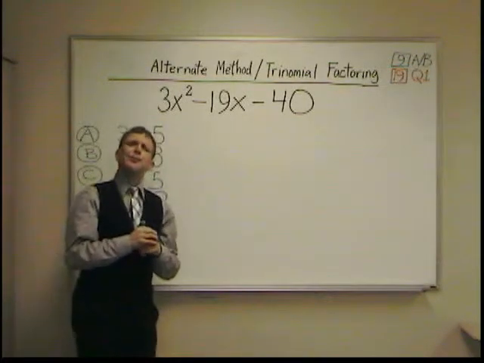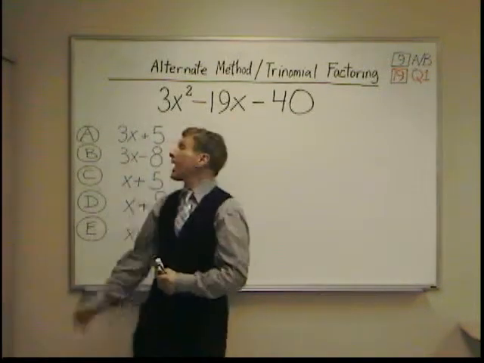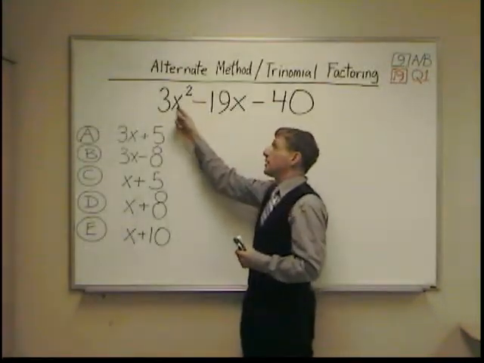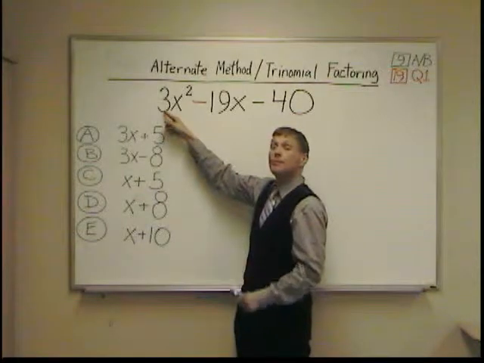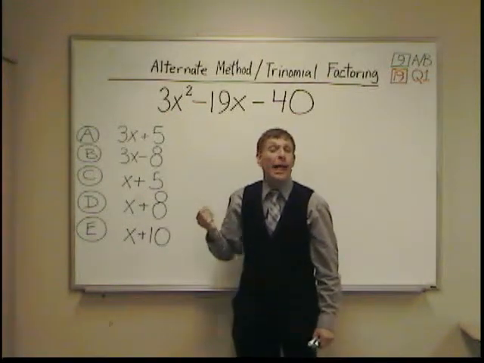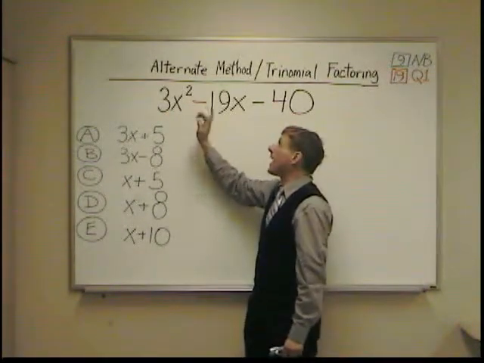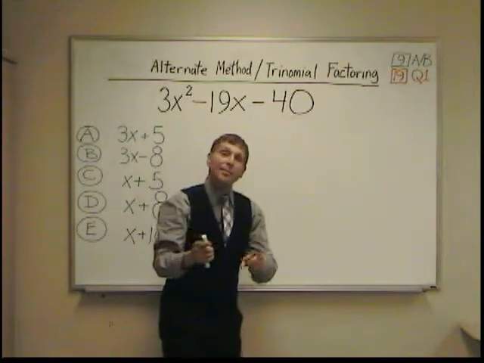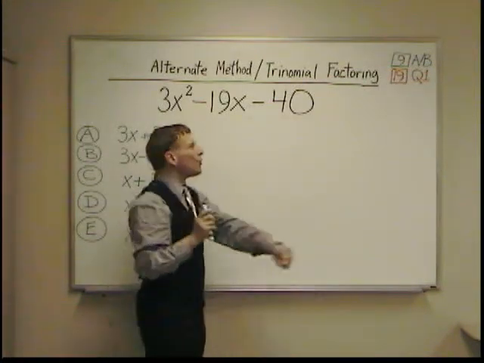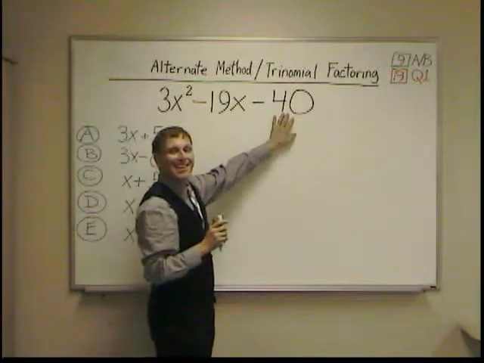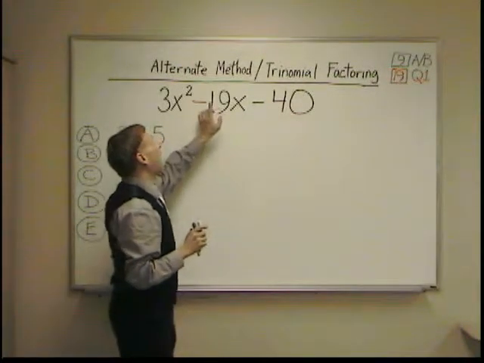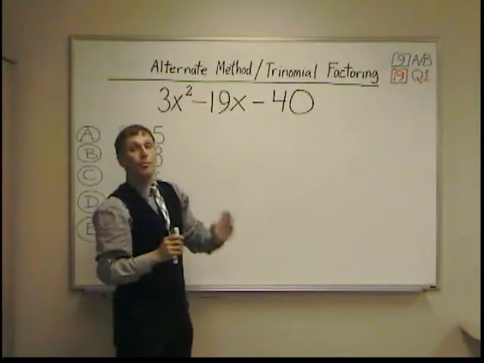Now basically in trinomial factoring, if your lead value does not have a number before the x, meaning a is 1, then it's quite simple. What you need to do is look for two numbers that multiply to the last number and add up to the middle number.